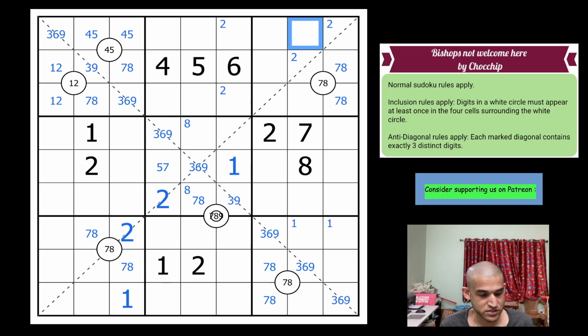Okay, 4 in box 5 must be in one of these 2 cells. That is interesting. So what can we do now?